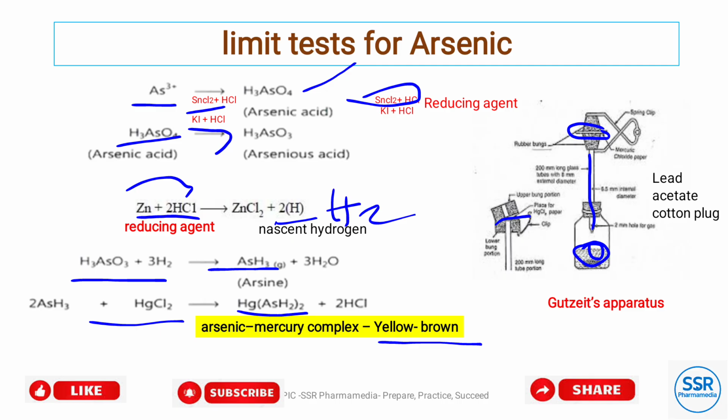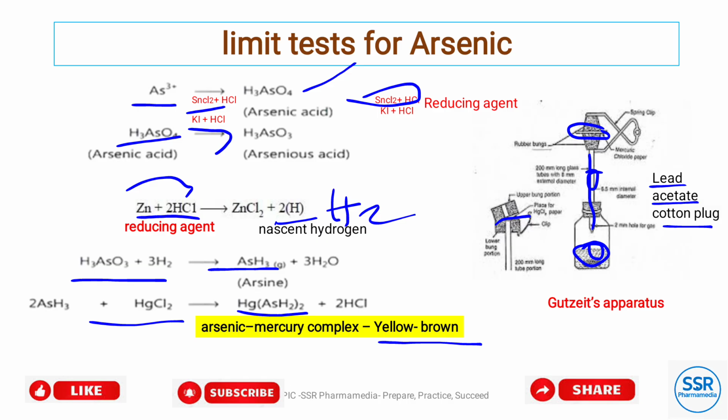While doing the test, the arsine gas travels through this tube. Between this tube, a lead acetate cotton plug is kept. The reason for using the lead acetate cotton plug is that during these reactions, sometimes sulfur dioxide and sulfur impurities may form.